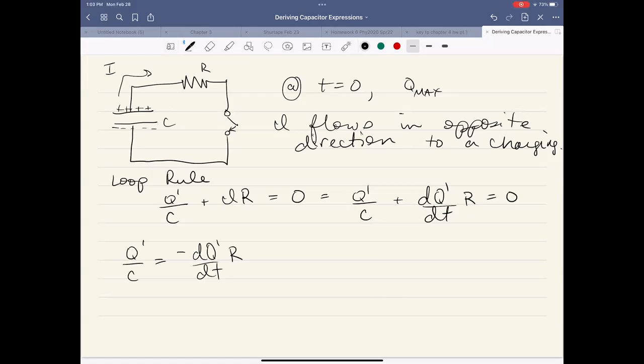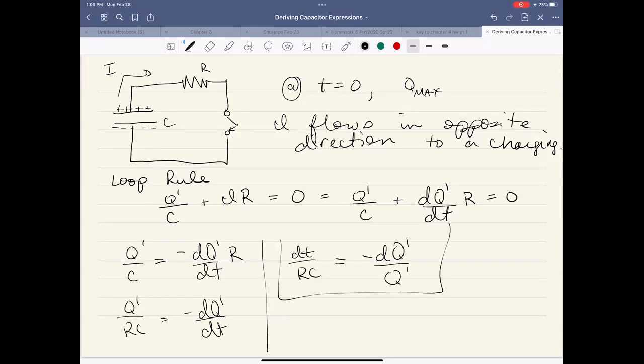Now let's divide both sides by R. And now let's put all the q's on one side and everything without q on the other. So we have dt over RC is equal to minus dq prime over q prime.